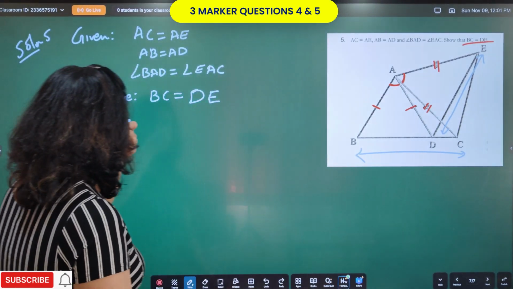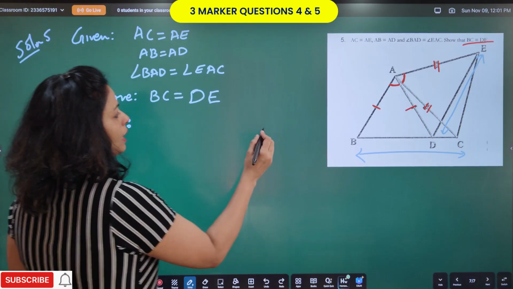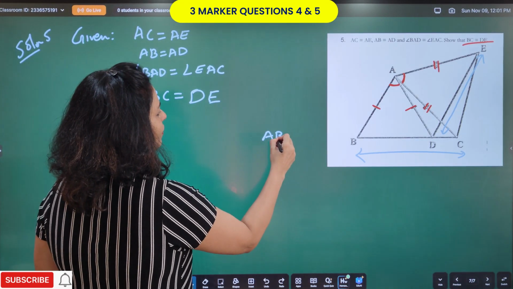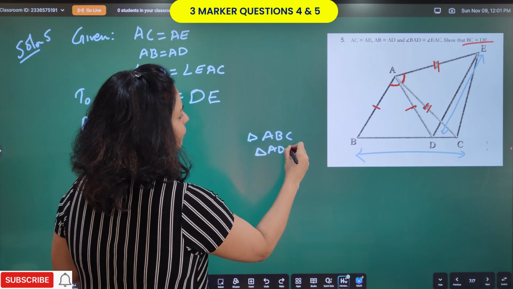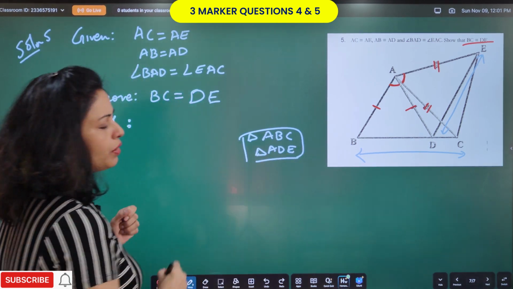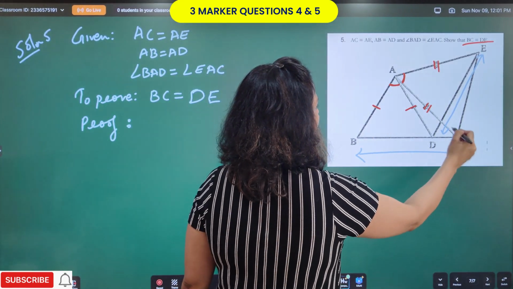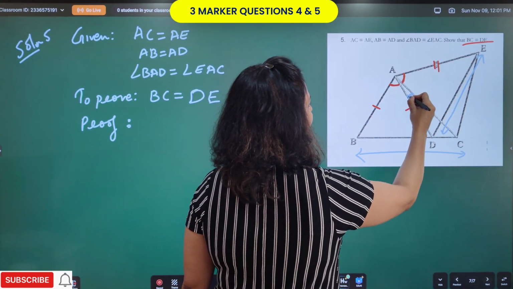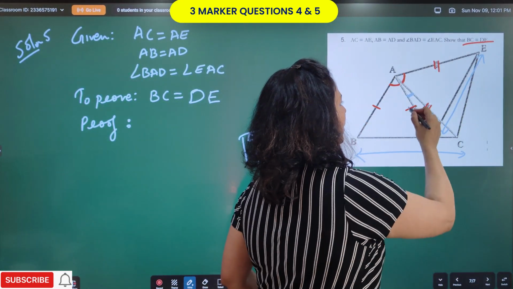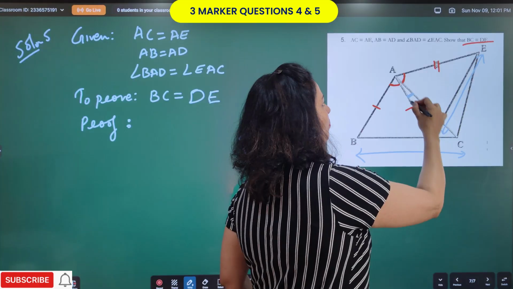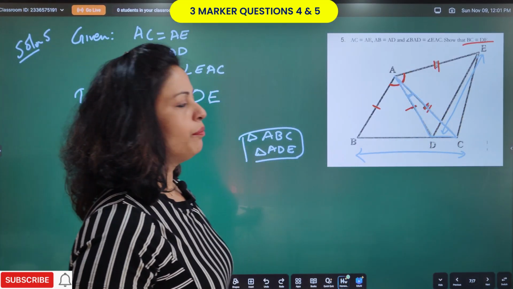That means we need the congruency between triangle ABC and triangle ADE, right. We need the congruency between these two triangles. So here what we see, that in triangle ABC, this angle is missing. Similarly, if you see the triangle ADE also, this angle is missing. This whole part is missing, right.